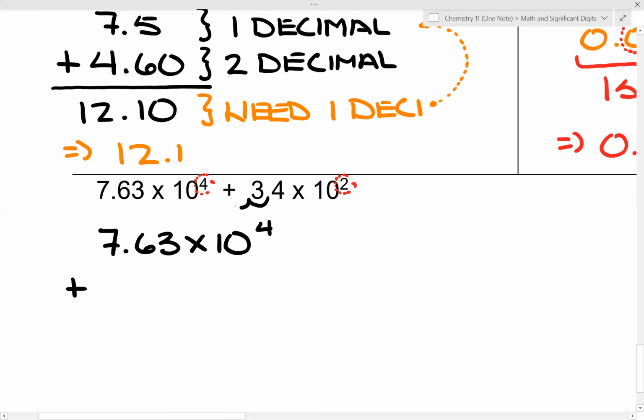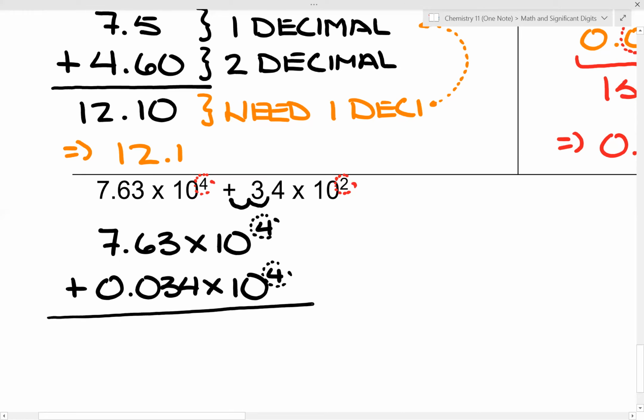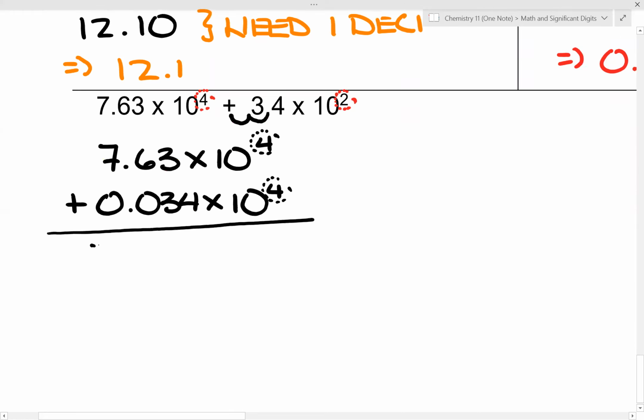So I'll move it 1, 2. So I have 0.034 times 10 to the 4. Now that we have our exponents the same, we can add this up. So I get 7.664 times 10 to the 4.